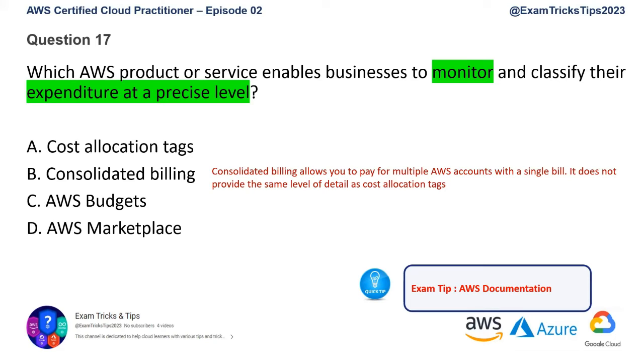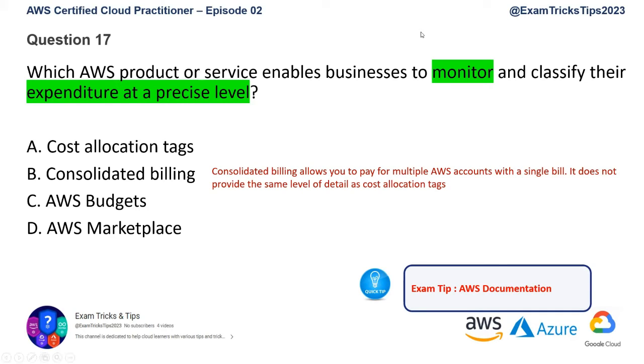You get a single bill, and that gives you ease of looking at one bill for the multiple AWS accounts within your organization. Easy for accounting, and you also get an advantage, volume discounts as well. So you don't get the details that you need from this.